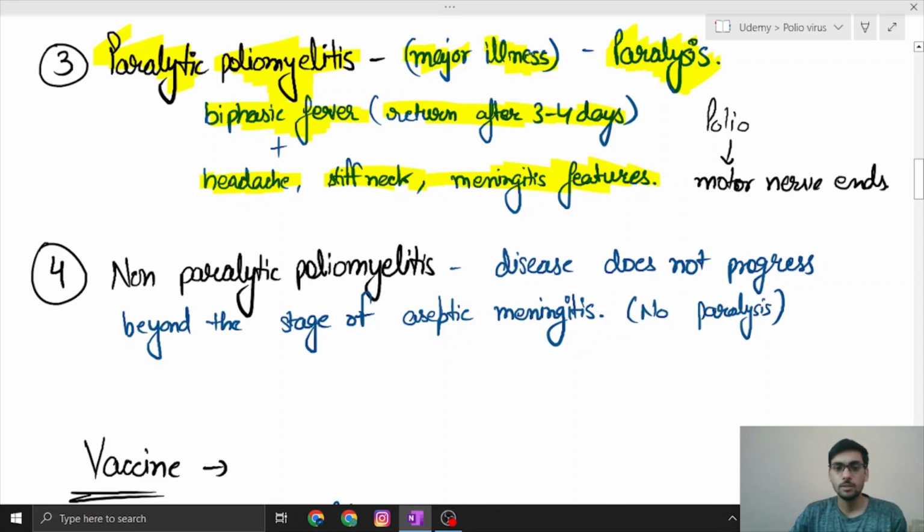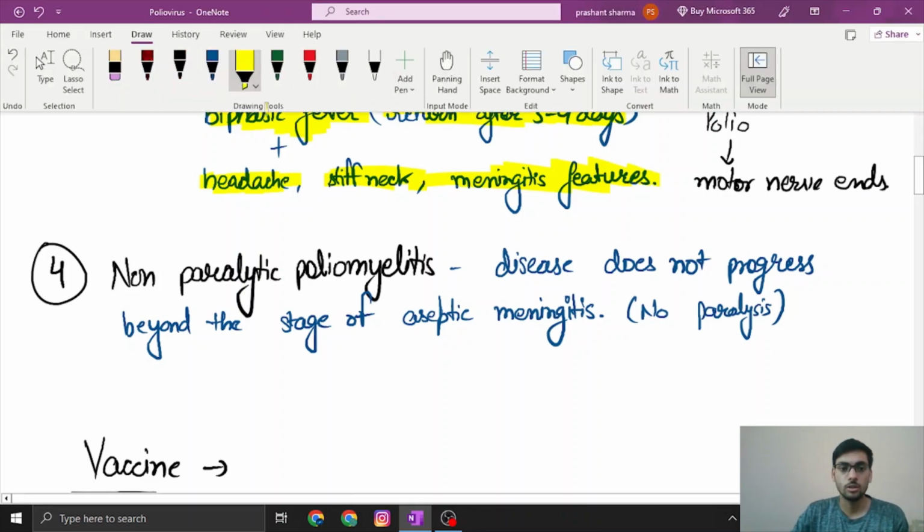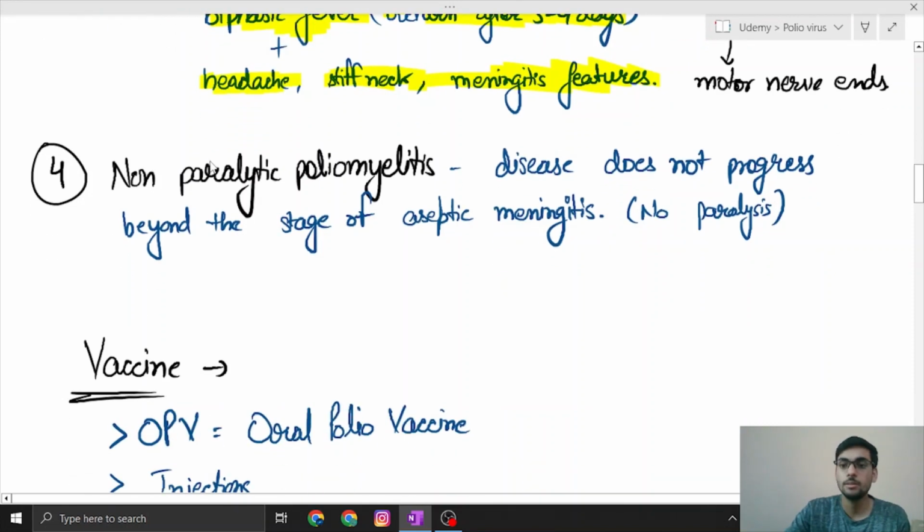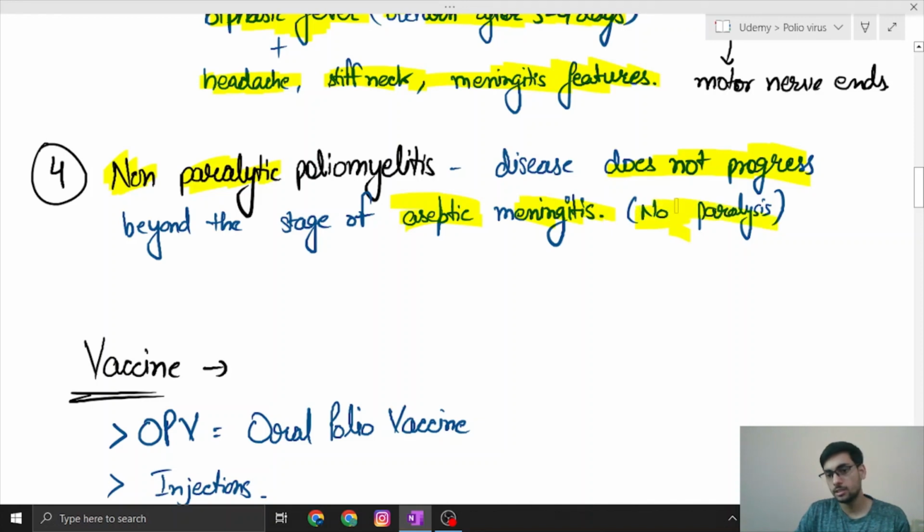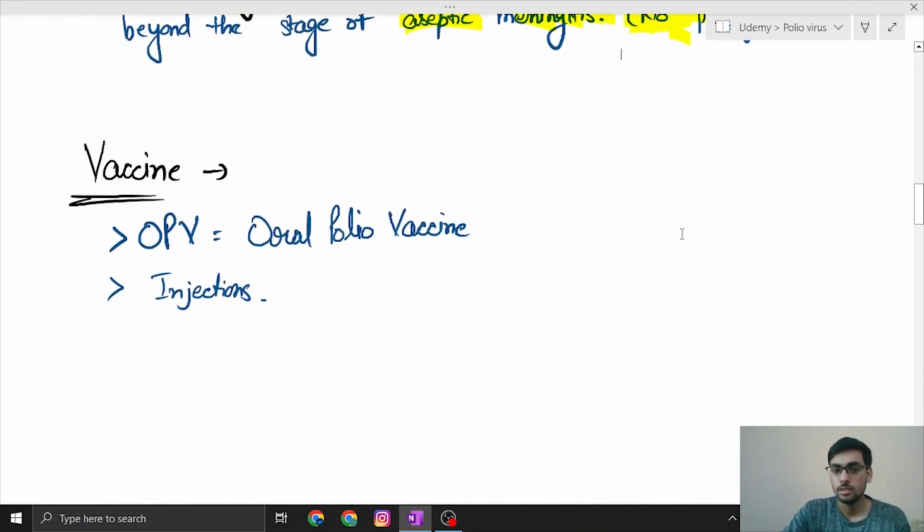Okay, remember this, it is very important that it blocks or damages the motor nerve ends. And the last is non-paralytic poliomyelitis. This is the disease which does not progress beyond the stage of aseptic meningitis, meaning it will not develop into paralysis, but other symptoms can be observed.